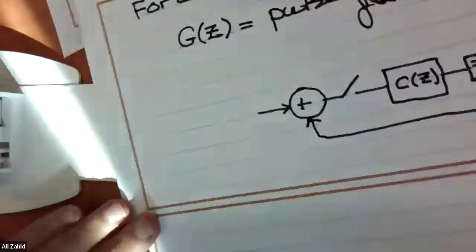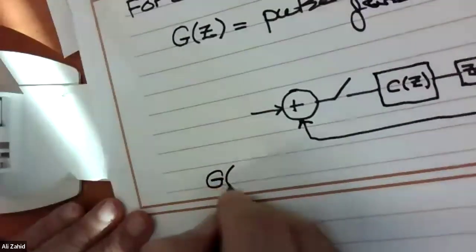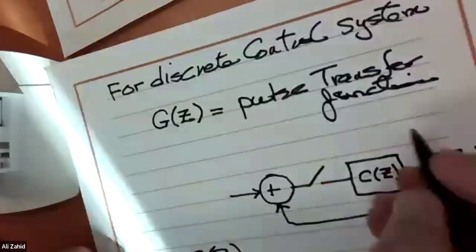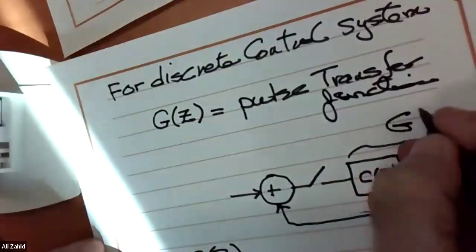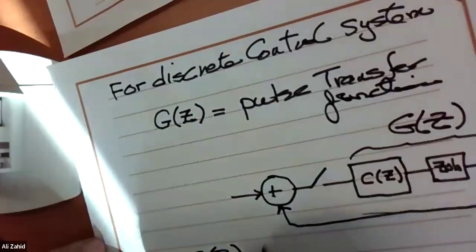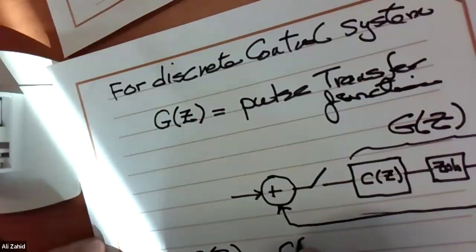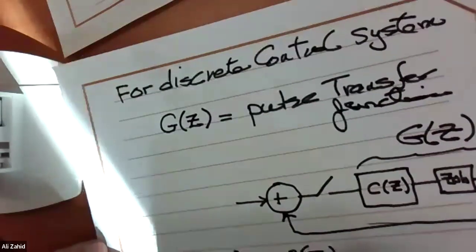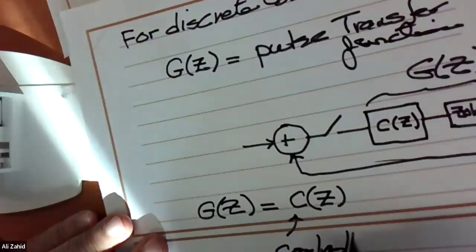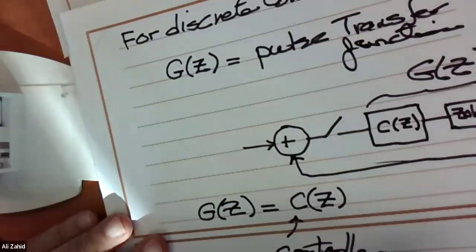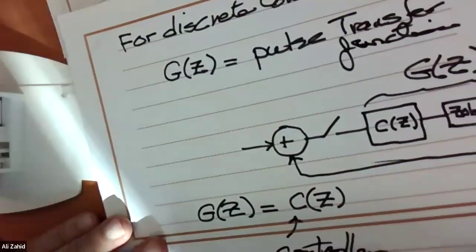Yep. Okay. Can you tell me what is G of C? Remember, this is unit feedback. This whole thing is G of C. What is C of C, which is the controller? Be careful. What do I write here?